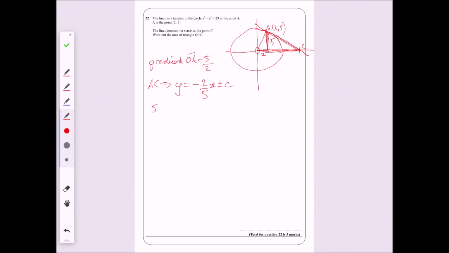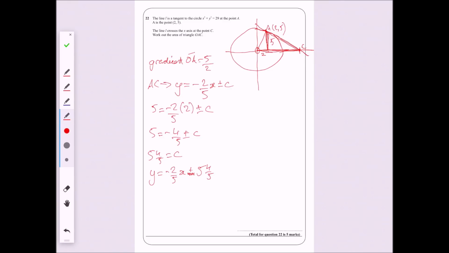So when y is 5, x is 2, and we can work out c from that. So we've got 5 is equal to minus 4/5 plus c. So take the 4/5 on the other side, it'll be 5 and 4/5. So c must be 5 and 4/5. So our equation is y equals minus 2/5 x plus 5 and 4/5.